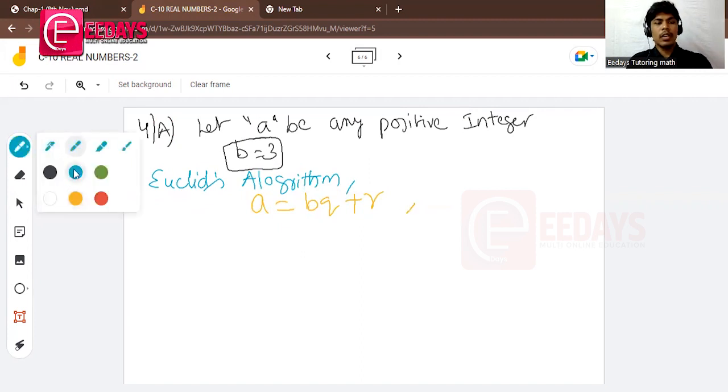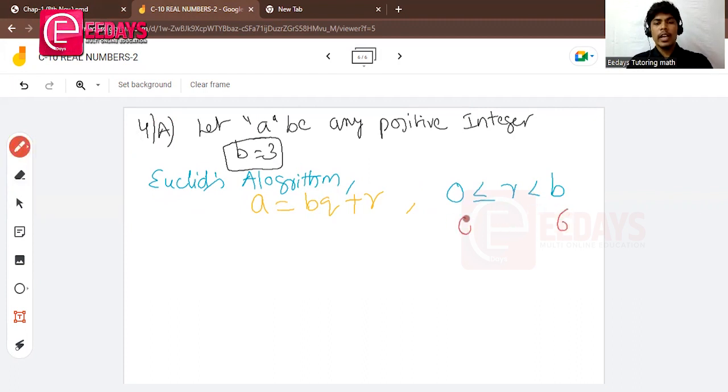What are the conditions we learned? So here 0 less than or equal to R less than B. Already we got B as 6 in the previous question. I'm sorry, B here is 3.